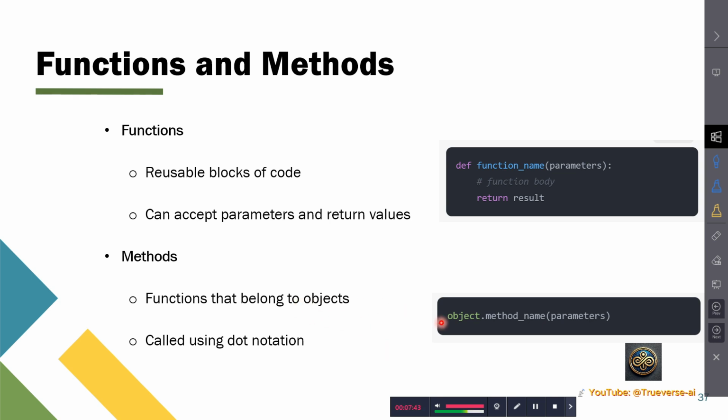So object, when Kia or Hyundai or Toyota or any car, methods mean open the door. But for open the door, we need to define a function. This is used for an object, it is a method. So method and function are somehow related. A function belongs to the object in the method. It is called using dot notation. So when we put the object, we need to put a dot.